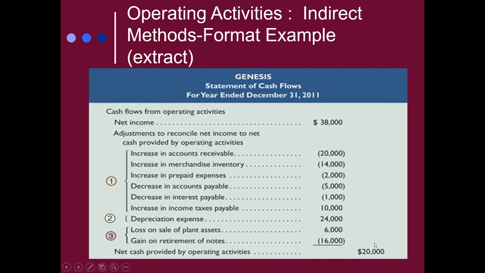So the net cash provided by the operating activities will be the net income less all these items, grouped together, to get the net cash provided.